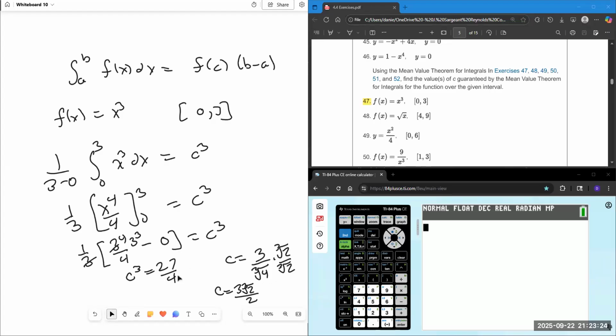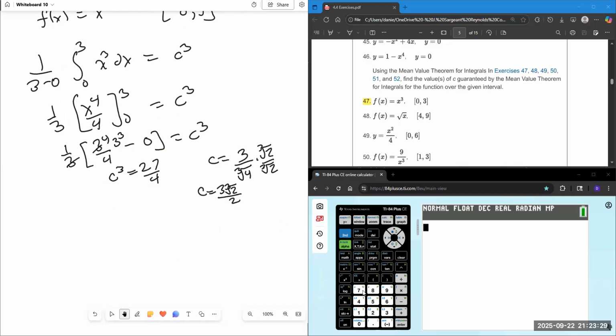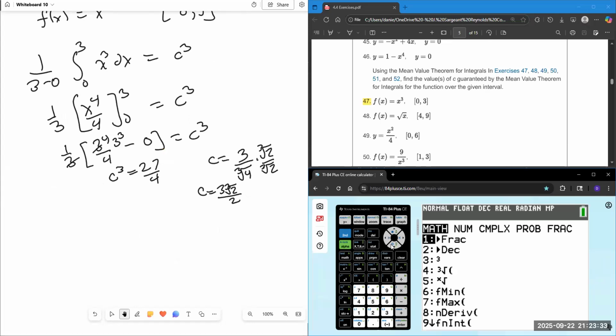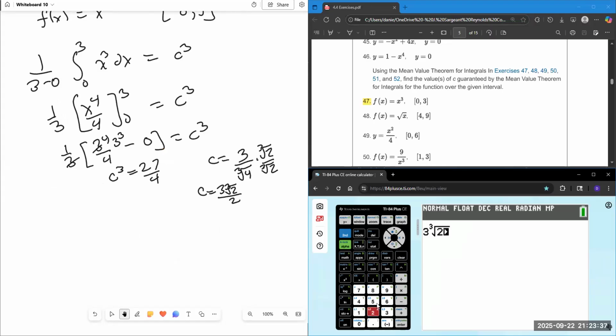Putting that into my calculator to approximate, 3 times the cube root of 2 divided by 2 is approximately 1.8899.